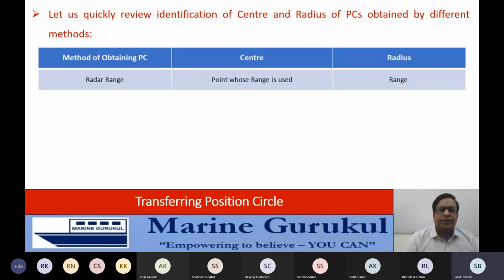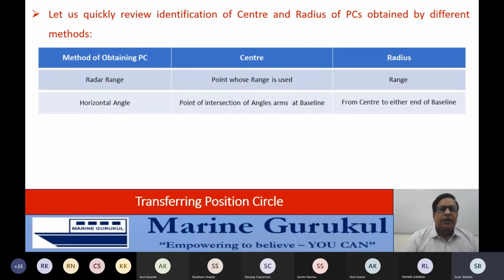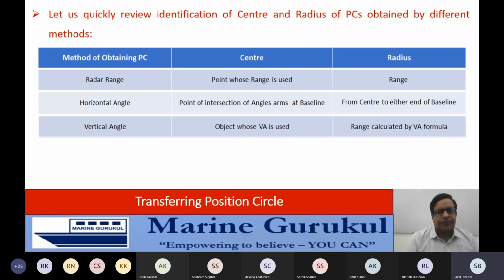And obviously the range is the radius. In case we have used the concept of horizontal angles, then the point of intersection of the angle arms drawn at the baseline becomes the center of the circle, and the distance from the center so obtained to either end of the baseline gives you the radius of the circle.